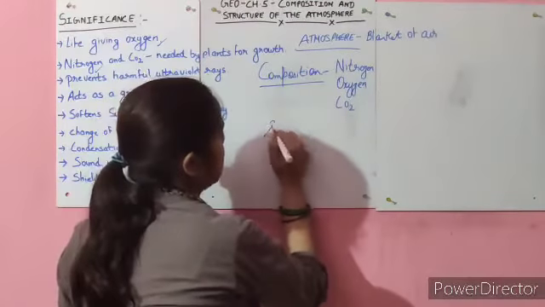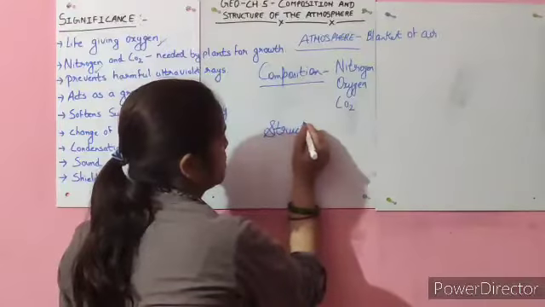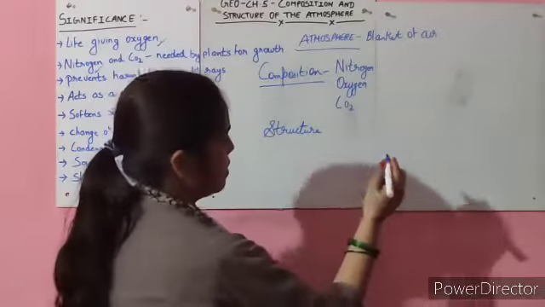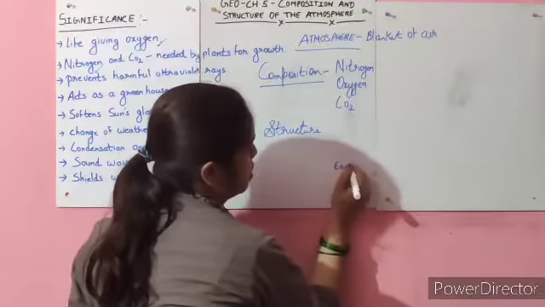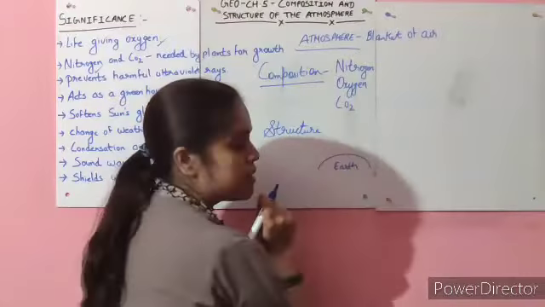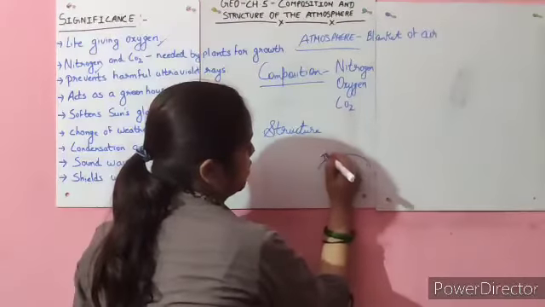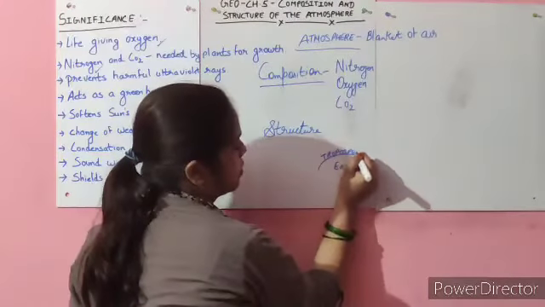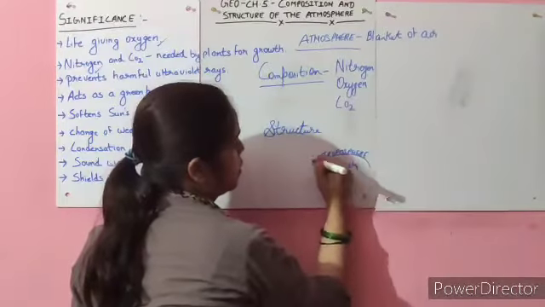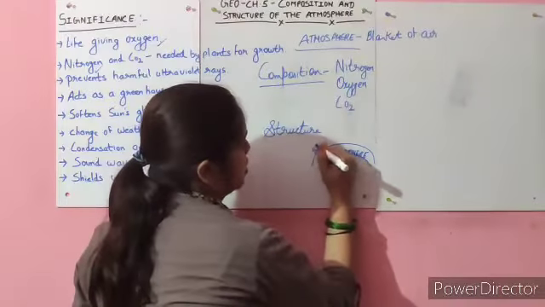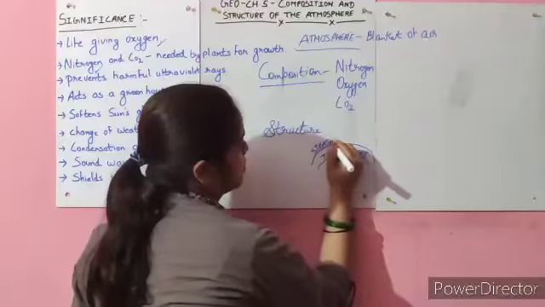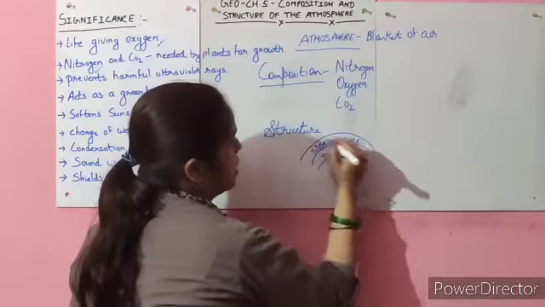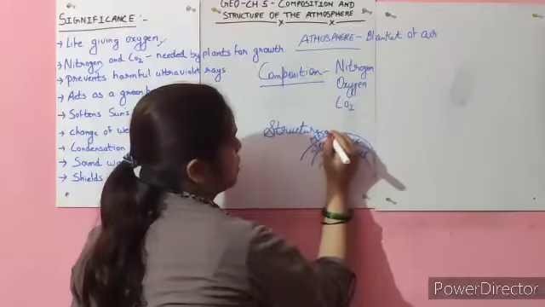After that, we studied about the structure. In structure, I told you about different layers. Suppose this is earth. This is troposphere. Right? You remember this? After troposphere comes stratosphere. Then mesosphere.